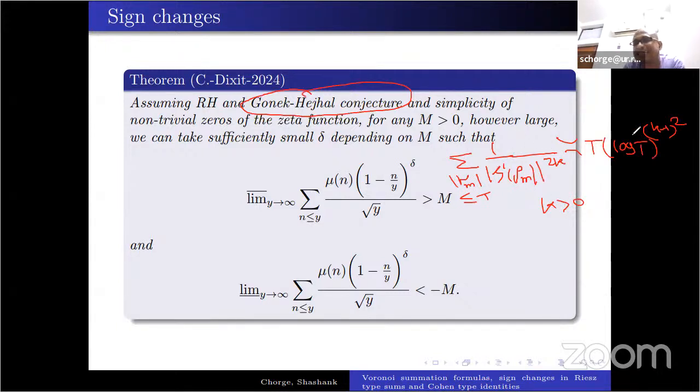So for all k greater than 0, the sum up to T of the derivative of the zeta function evaluated at zeta zeros raised to the power 2k is given by this.